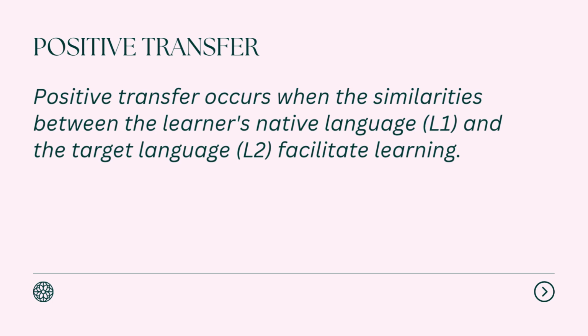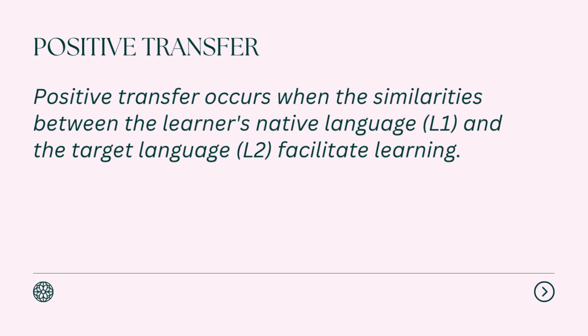For example, a French speaker learning English might quickly grasp words like nature and intelligent because they are similar in form and meaning to their French counterparts, nature and intelligent. These similarities can accelerate vocabulary acquisition and comprehension.